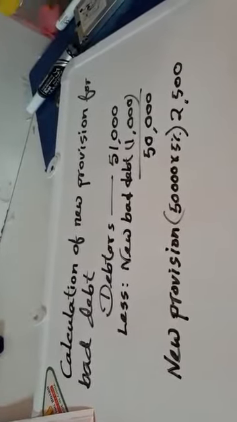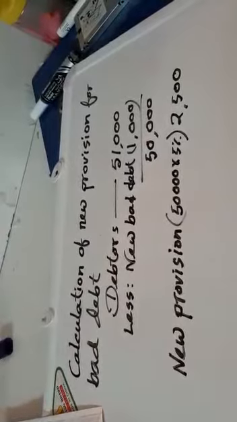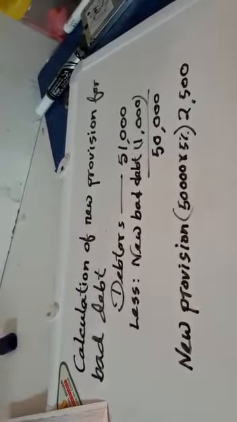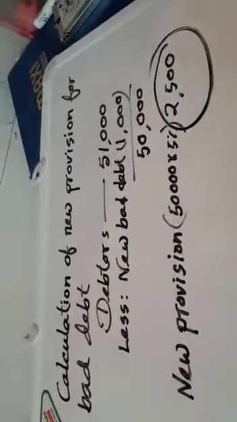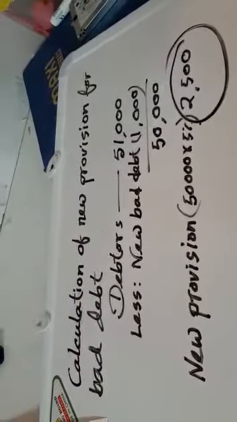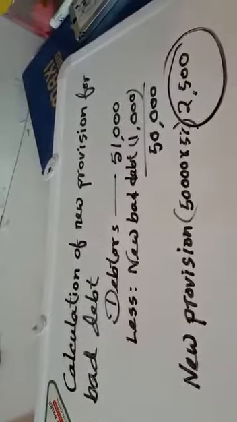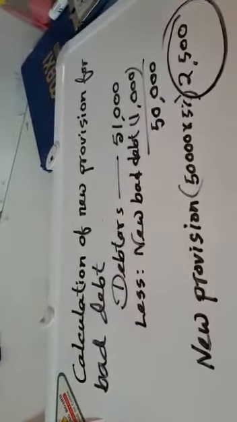We are told to keep 5% provision on this amount. If we calculate 5% on 50,000, we get 2,500. This 2,500 is our new provision. That means this amount will be the old provision for next year. This is the new provision for this year, and this will be the closing balance for this year.